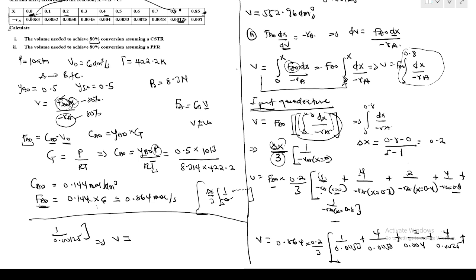Now we get our volume to be 223.99 cm cubed. We realize that to get a certain conversion of A, which is the 80% conversion, when you are using a PFR, you need a smaller volume as compared to using a CSTR. So that will be all for now.